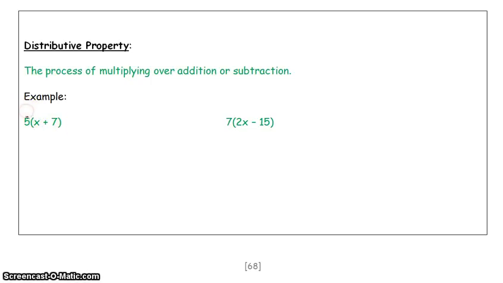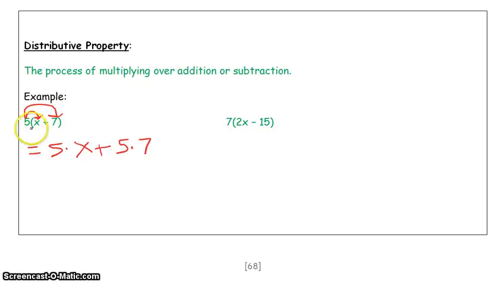So we would take this 5 times that x. And then we would take this same 5 and multiply it by the 7. And I will illustrate it below. We will have 5 times x plus 5 times 7.